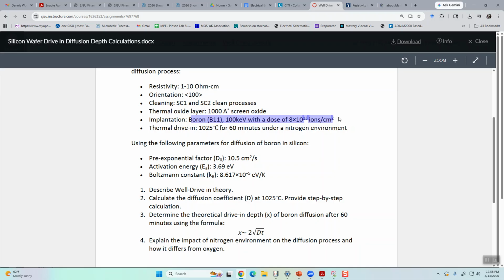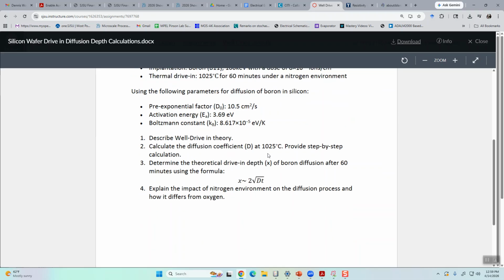So in order to have a drive-in, you need time, temperature, and how much dopant is already there. Then you just look up the diffusion constants and calculate, right? Which, to save time, they've given you the constants here, which you plug in with 1025 and 60 minutes. Of course, you have to convert that to Kelvin, right?